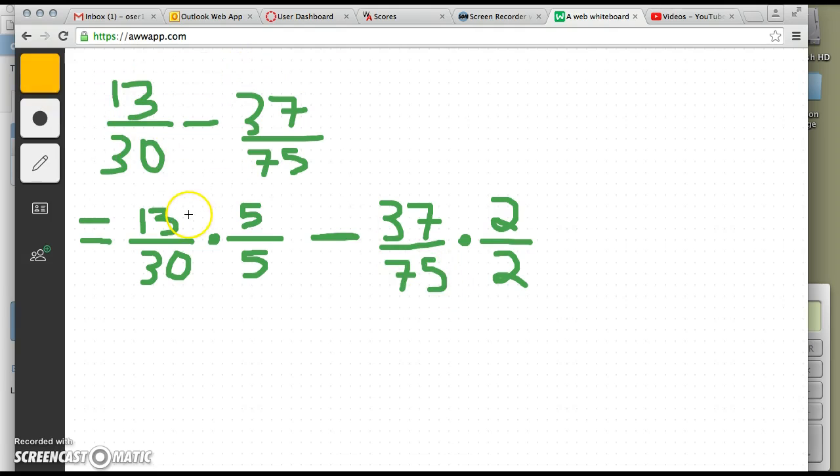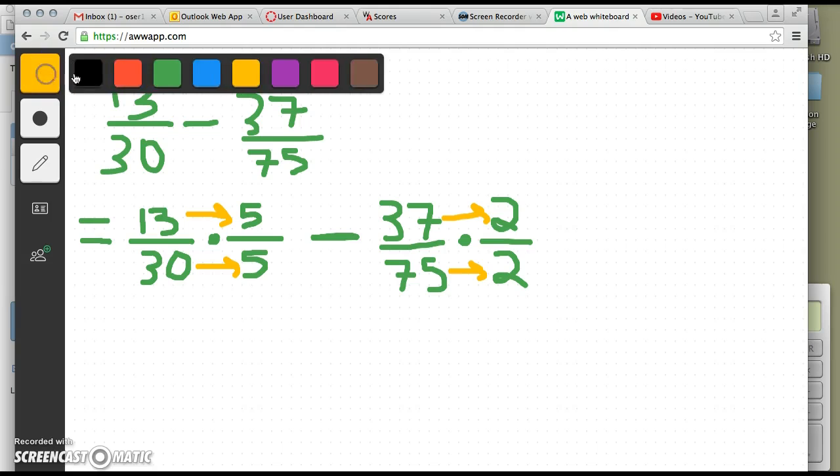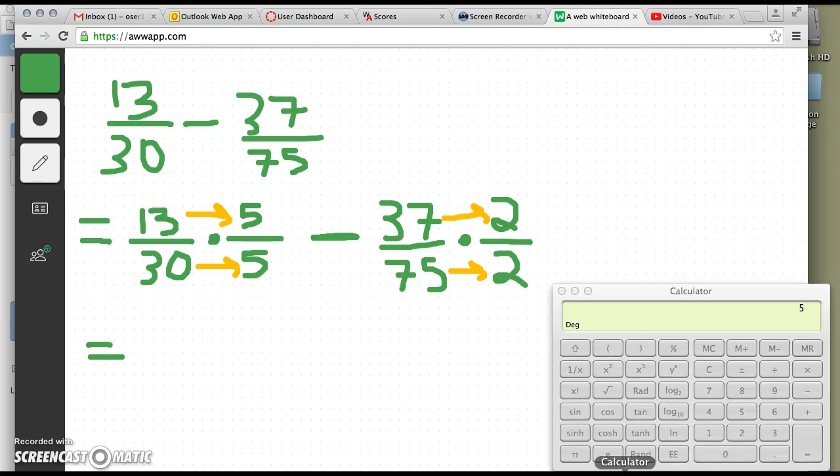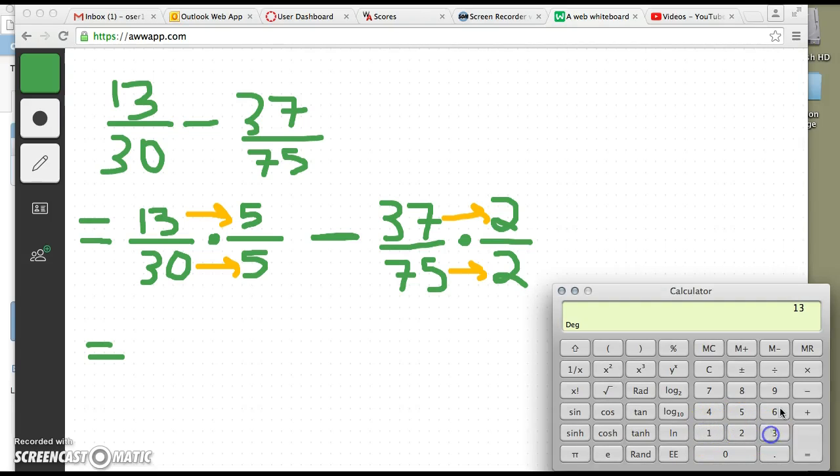Remember, when multiplying fractions, we multiply straight across. Let's go ahead and get out our calculators and see what we end up getting. So this is equivalent to numerator times numerator, 13 times 5.